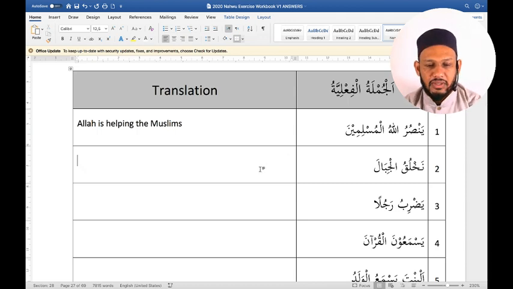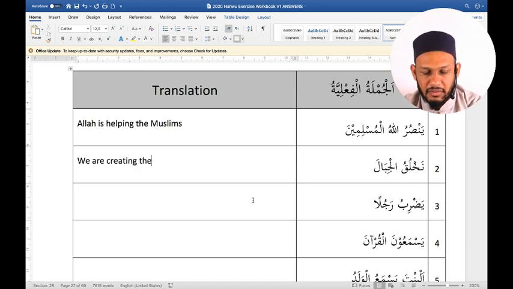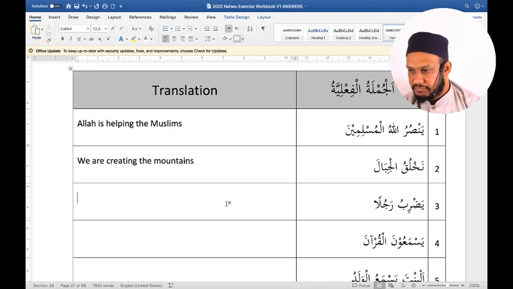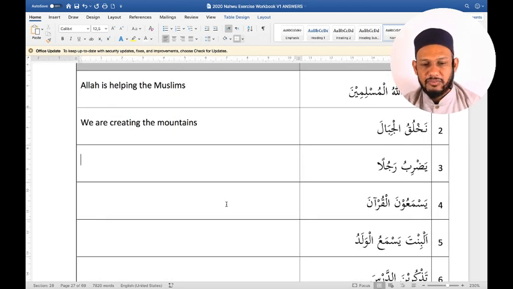Therefore, it will be we are creating the mountains, maf'ulun bihi. You can say Allah helps the Muslims, that is fine as well, and we create the mountains is fine as well.